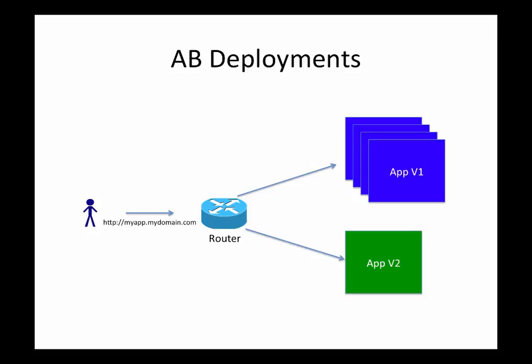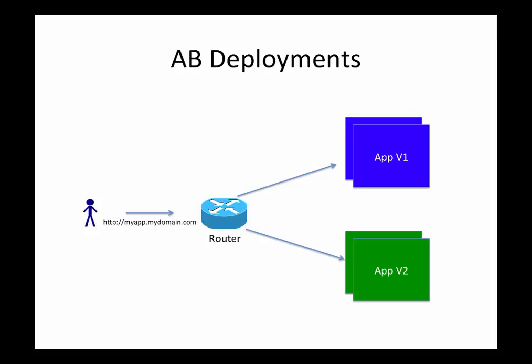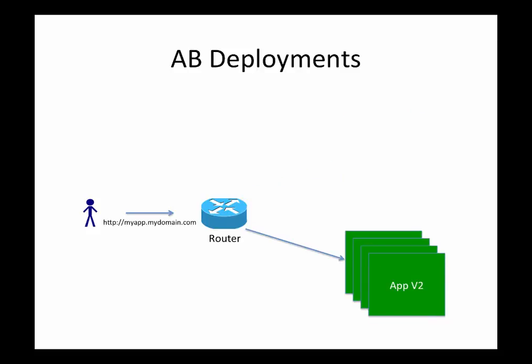If you are happy with how version 2 is working, then you would increase the number of instances of version 2, your changes, and you'll gradually reduce the number of instances of application version 1. Over a period of time, you would completely remove application version 1, and your application version 2 takes over from there.